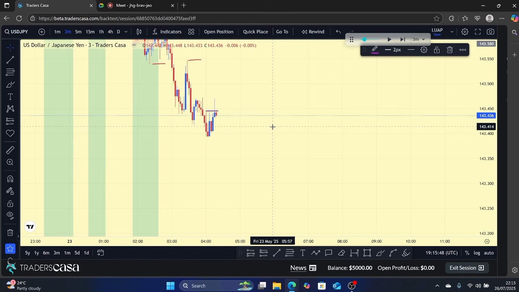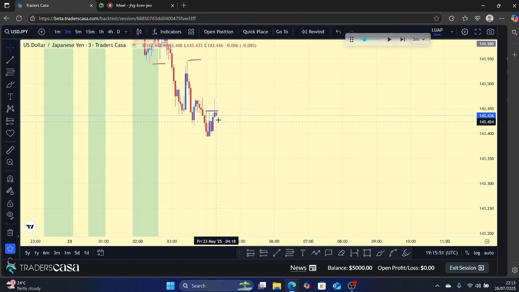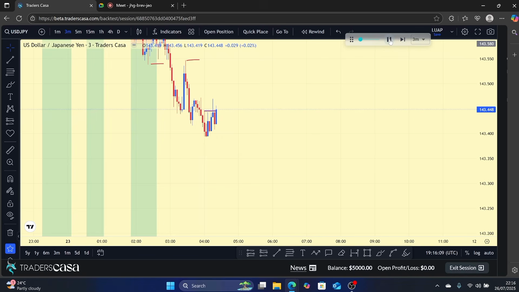This here is not a strong one because this long wick rejection candle closed bullish, and it needs to close bearish so that it can be a strong rejection. So I want this candle to close bearish for me to get that sweep valid. Alright, so exactly, you can see price closed bearish on this end.